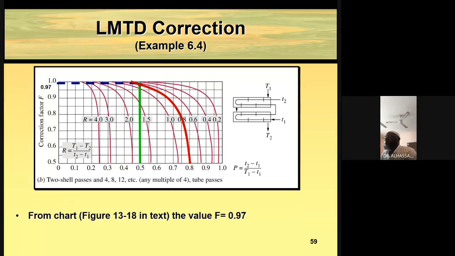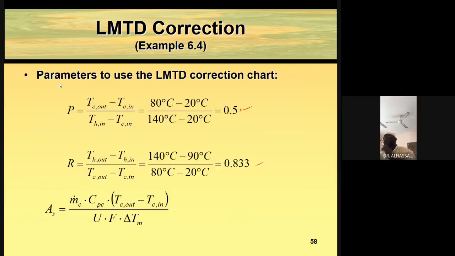Our R corresponds to 0.833, approximately 0.8, and our P corresponds to 0.5. Then you move to the left, and our correction factor is about 0.97.